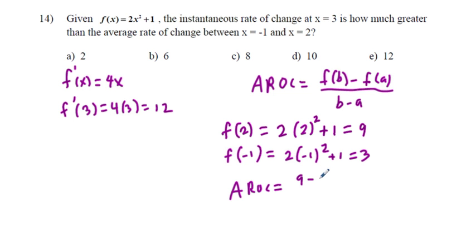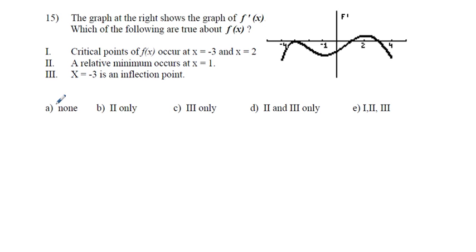Well, it's going to be 9 minus 3 over b minus a, which is 2 minus negative 1, which is going to be 6 over 3, which equals 2. Well, how much greater is this 12 than 2? We subtract out 2, we get 10. So we have 10 greater, so D is our correct answer for problem 14.